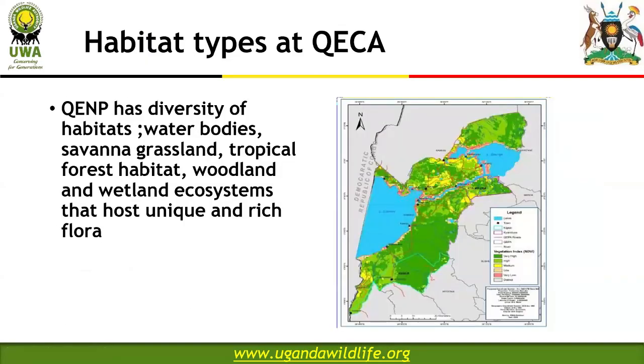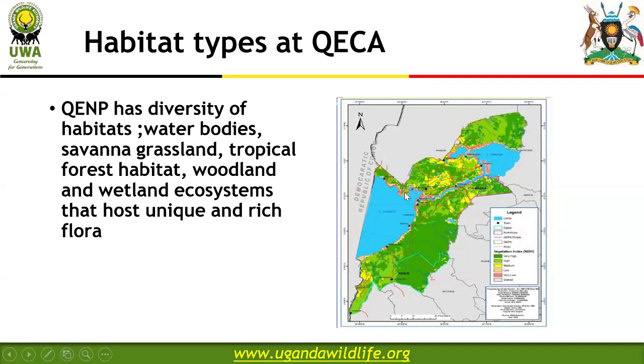The habitat types at Queen Elizabeth Conservation Area, it has a diversity of habitats. It has water bodies. This is Lake Edward, this is Lake George, and there are different crater lakes within Queen.